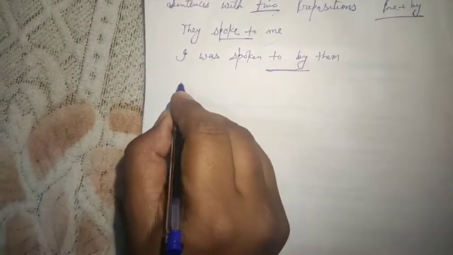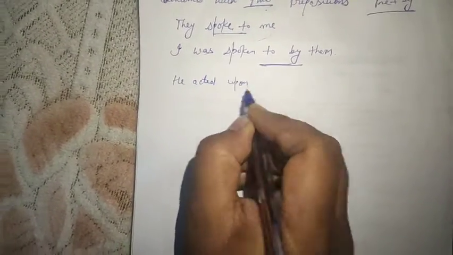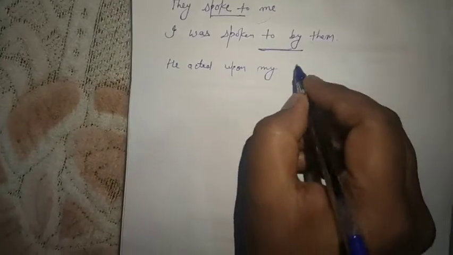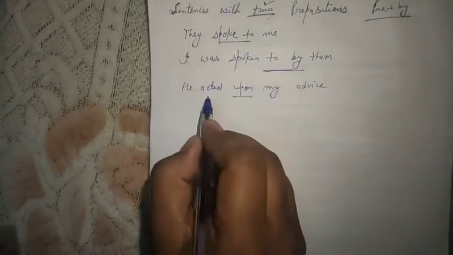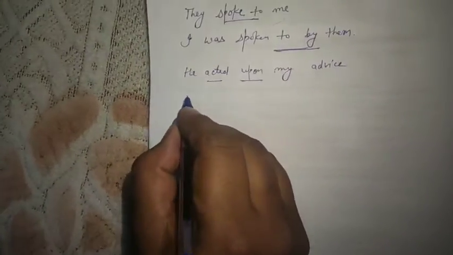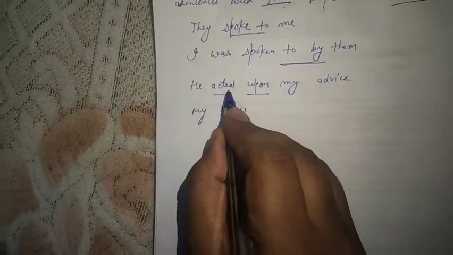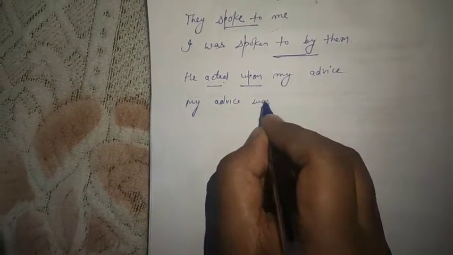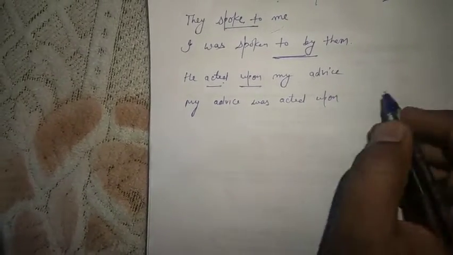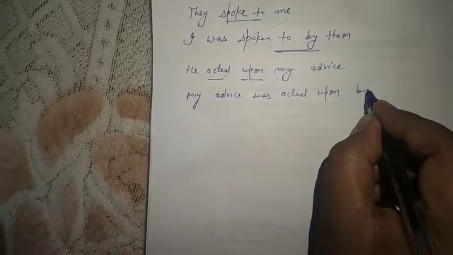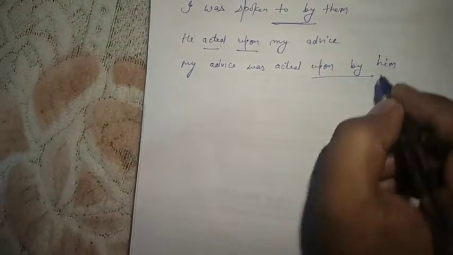One more sentence. He acted upon my advice. Here upon is used with the verb act. So the sentence will be in passive: my advice, tense is past, singular, third form, preposition as usual, and by along with upon, him, like that.